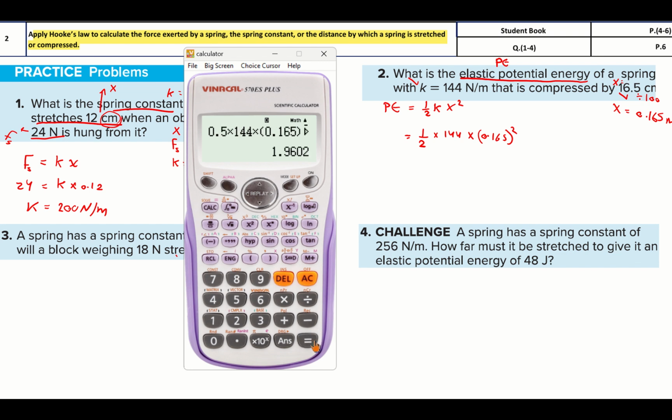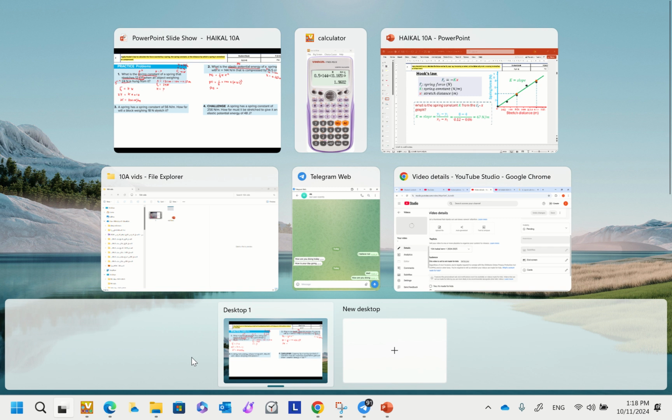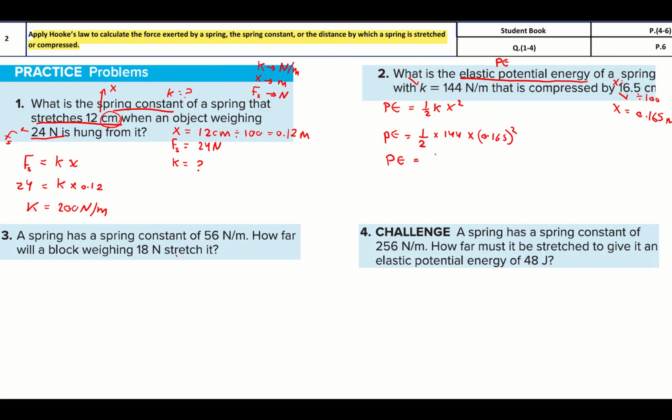Equals 1.96 joules. So the potential energy stored in the spring is 1.96 joules of energy.